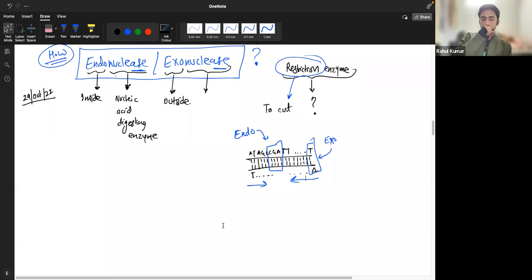There are multiple exonucleases and endonucleases, and all of them recognize certain sequences and cleave the DNA at that particular sequence. So there is a specificity in their cutting. It's not like they will cut anywhere randomly. And this specificity is very good. We can now play around with this specificity and use it for our own benefit.